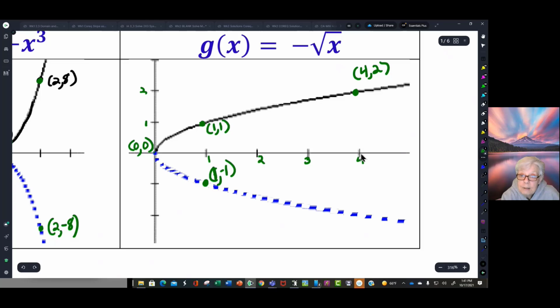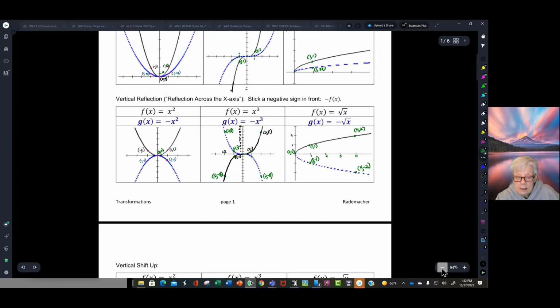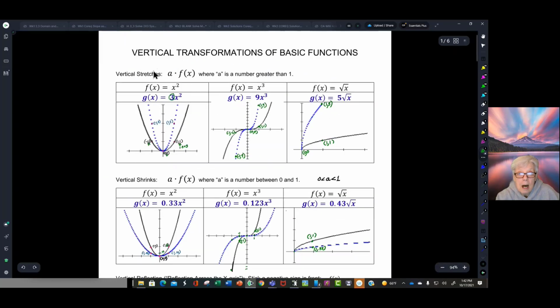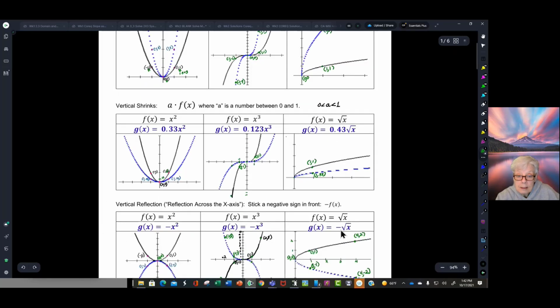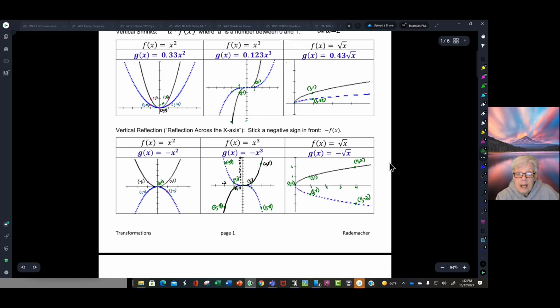And for 4, 2, the 2 hit by a -1 will flop down here and become the point 4, -2. And so here we have our vertical stretch, vertical shrink, and reflection across the x-axis.